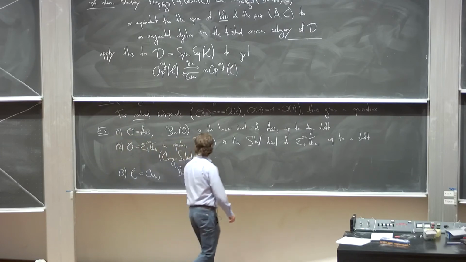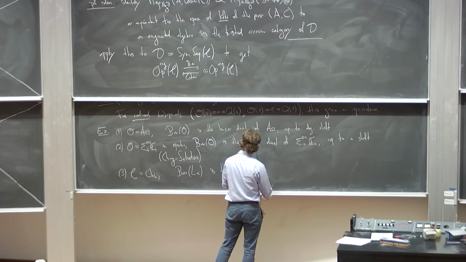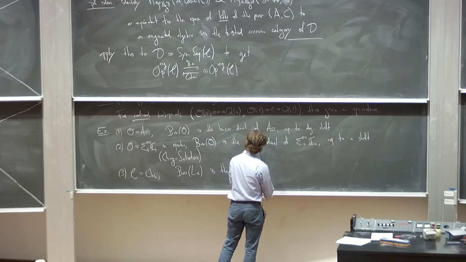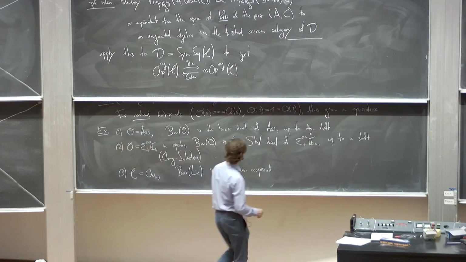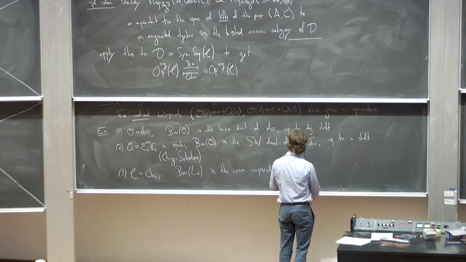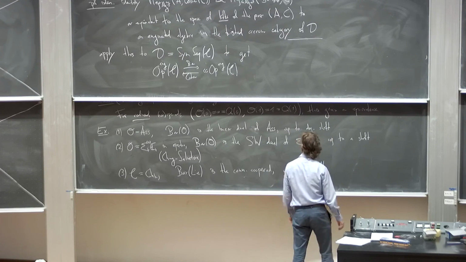Its bar construction is the commutative cooperad, meaning the linear dual of the commutative operad. That just has the tensor unit in every degree, up to shift. Again, there's a degree shift by 1.